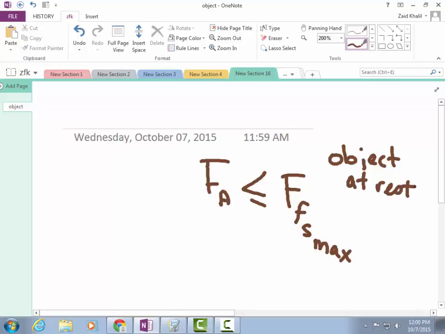Now, what can we say about the force of static friction? That's equal to the applied force, so long as the object's at rest, right? And as long as the applied force is less than the maximum static friction. And so that's basically the most you can say.